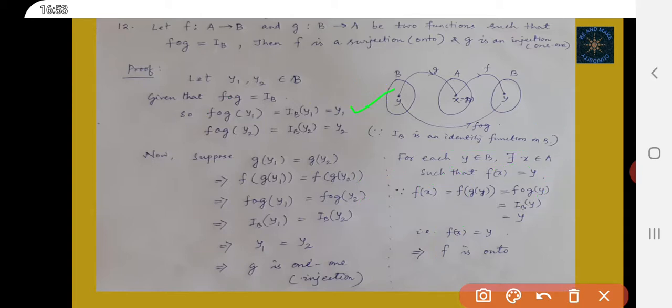So fog of y2 is equal to IB of y2, that is y2.